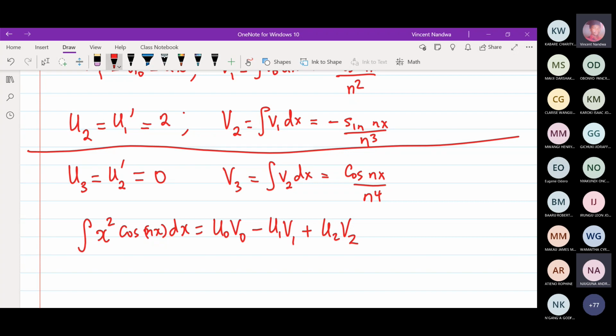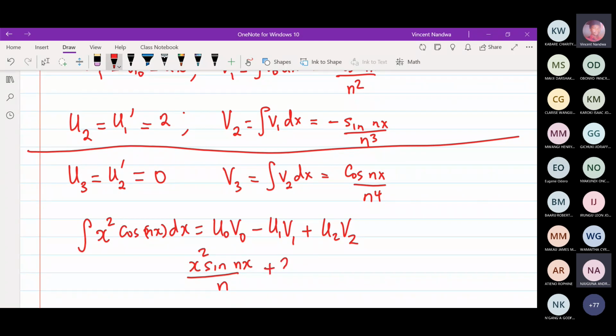So when we say u naught times v naught, we'll get x squared times sine of nx divided by n, and then u1 times v1 has negative sign, but negative positive.